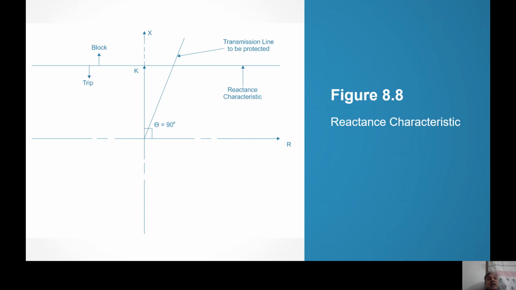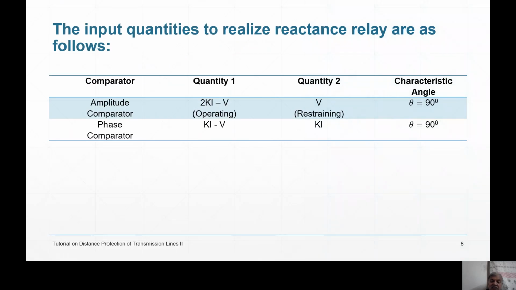So any point which lies above the reactance characteristic, obviously horizontal to the R axis, the resistance axis, blocks, and any point below the reactance characteristic gives you the tripping point. Right? That is a reactance characteristic.